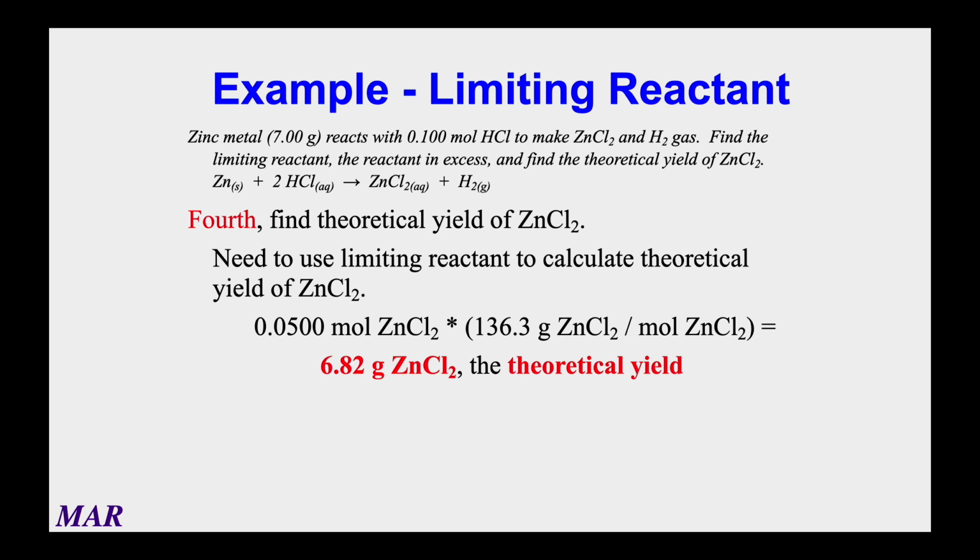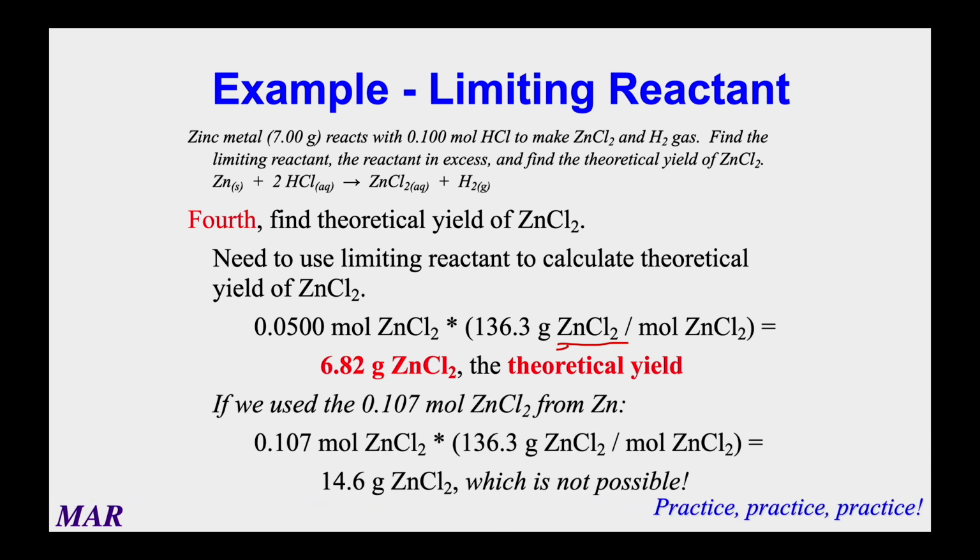And we'll multiply it by the molar mass of zinc chloride, which is 136.3, to 3 sig figs. 6.82 grams of zinc chloride is the theoretical yield. In this reaction, we will only be able to make 6.82 grams of zinc chloride. And that's kind of cool to know. It's going to limit the product. We can only make 6.82 grams.